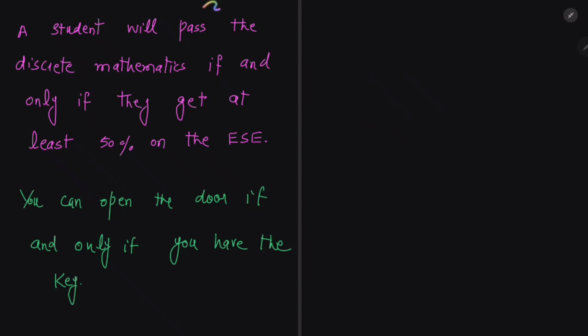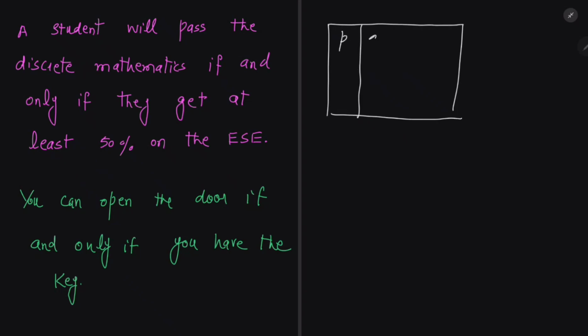Now we talk about the truth table first, and then we talk about the necessary and sufficient condition. Since we have two statements, P and Q, and remember we already discussed how many rows are required for a truth table: since there are two statements, 2 raised to the power 2, so we require 4 rows.